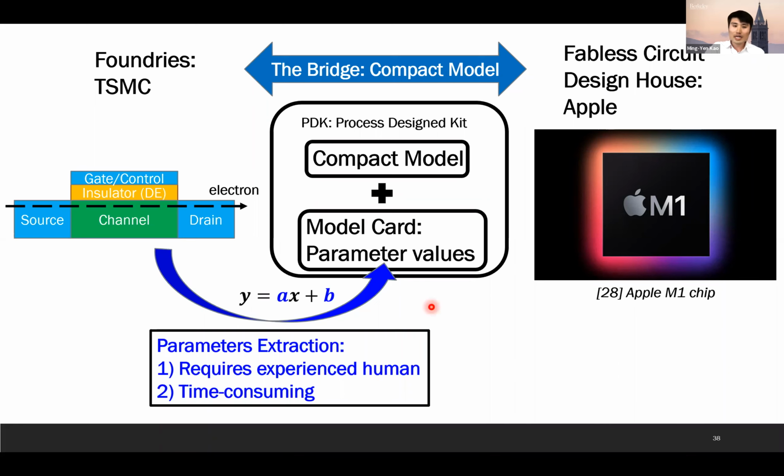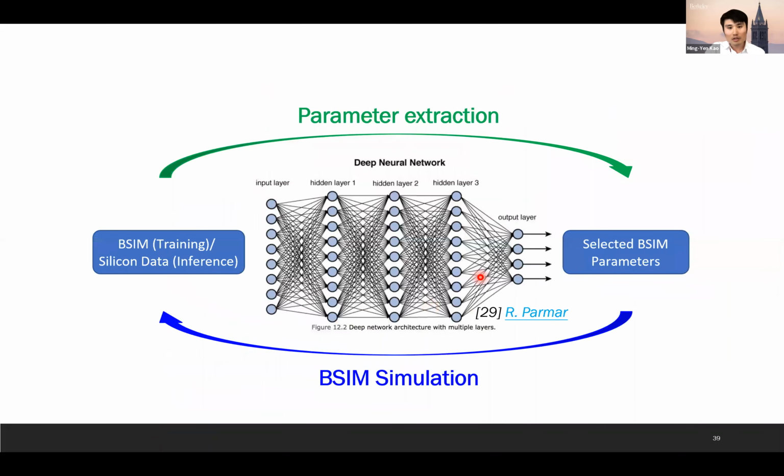So if we could have this kind of machine learning, deep neural network assisted parameter extraction tool, that could save time and human resources. And so we select a few BSIM parameters based on our domain knowledge. Those selected parameters are the parameters we think are important and crucial to the parameter extraction.